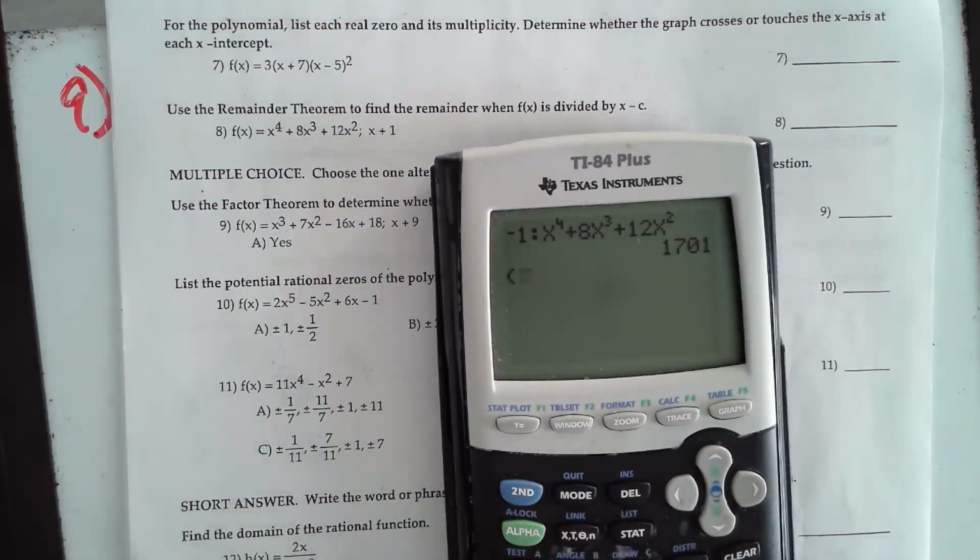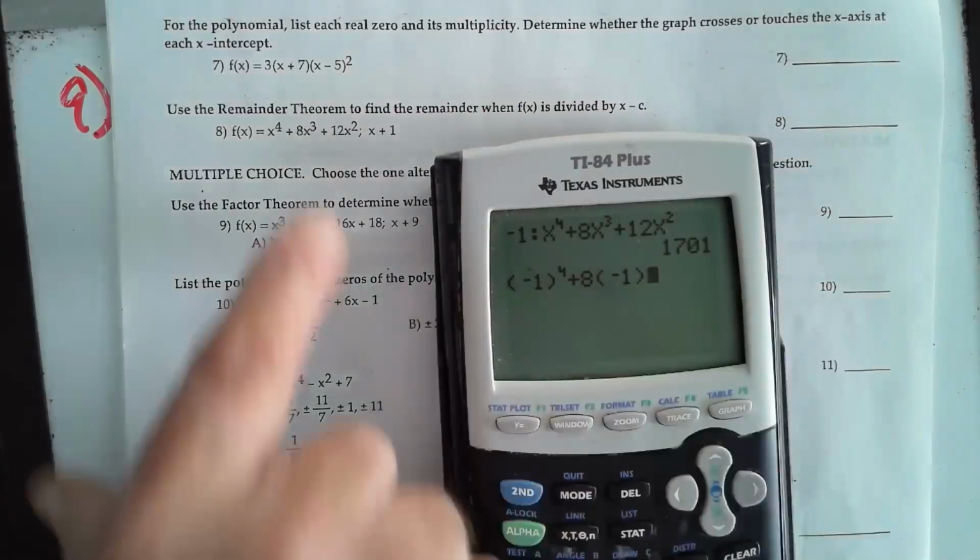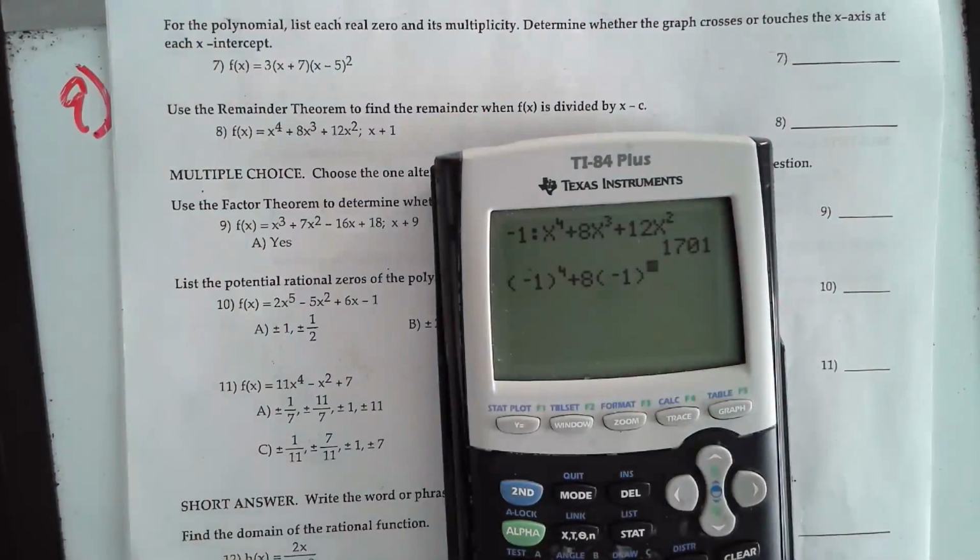What is that? Plus 8. Oh, cube? Yeah, no, that's right. Cube.